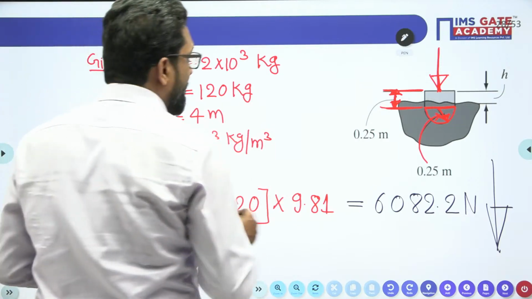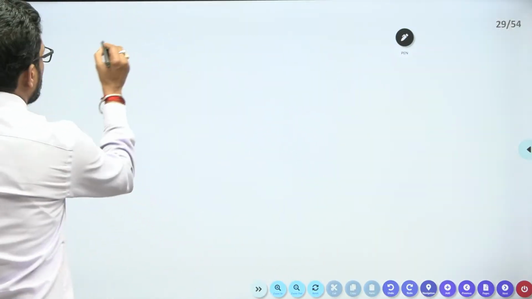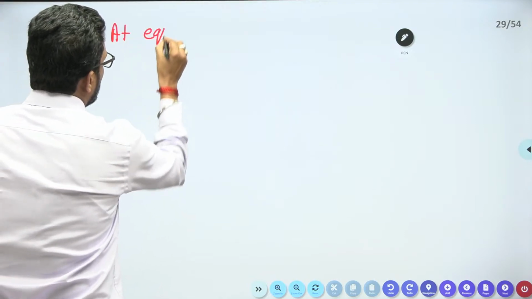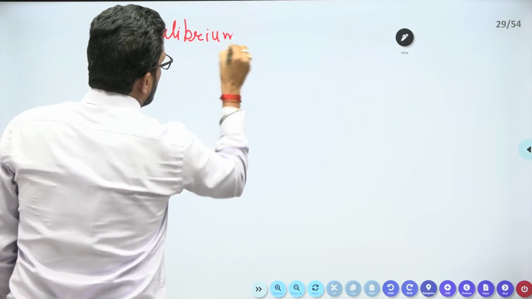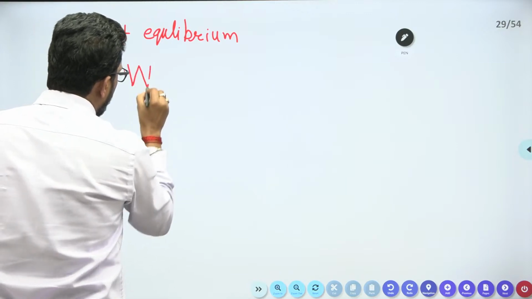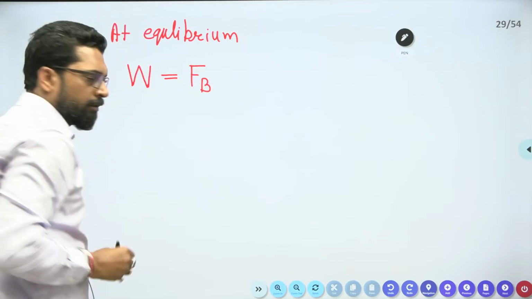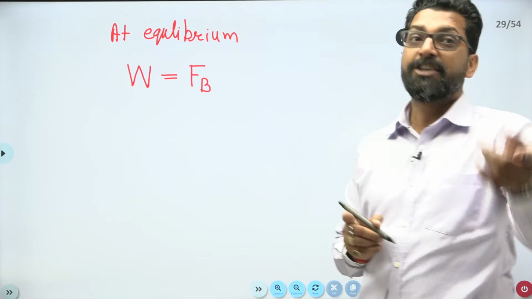So at equilibrium, this weight is equal to the buoyant force, FB, the buoyancy force, and it acts at the CG of the displaced fluid.